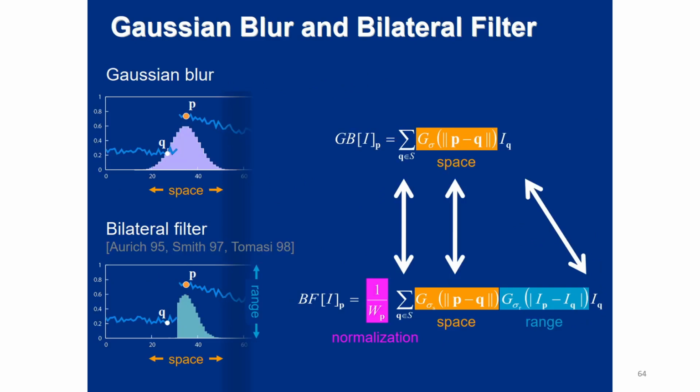So this is the figure illustration. Okay, so what does it look like? If we want to reconstruct P, because the values of Q and P are highly different, the range weight will become 0, and the multiplication of the space weight and the range weight in this region will be almost 0.